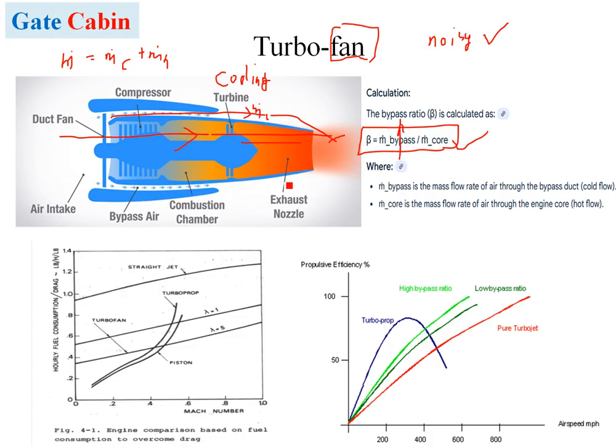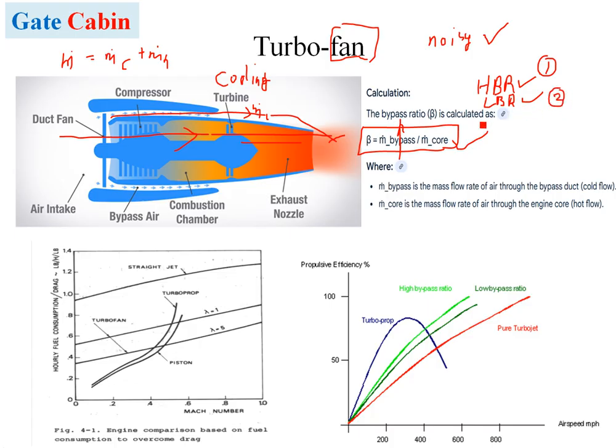The turbofan engine which has comparatively increased mass flowing around, bypassing the core engine or the turbine system, is called a high bypass ratio turbofan engine. And then there is the low bypass ratio turbofan. The turbofan engines come in two classes.